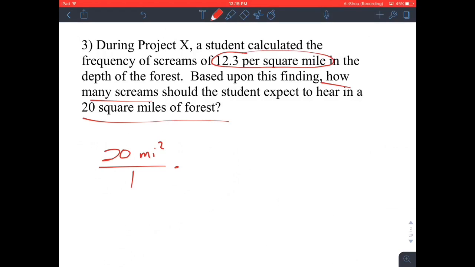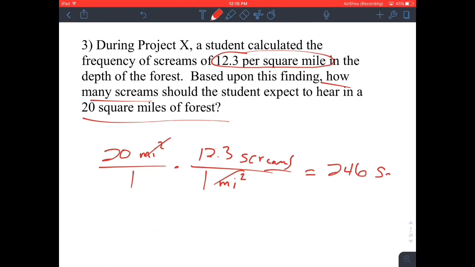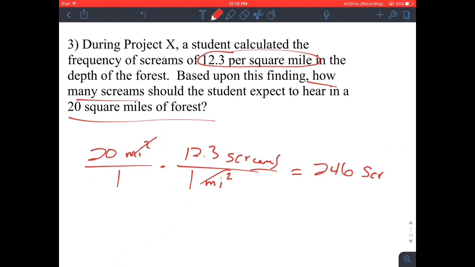This is 12.3 screams per square mile. We want the miles to cancel. So we'll put the 12.3 screams on top. That cancels. You got 20 times 12.3, which is 246. That's a lot of screams, folks.